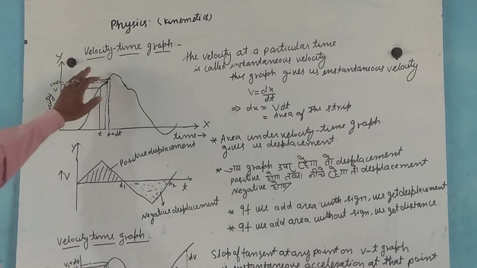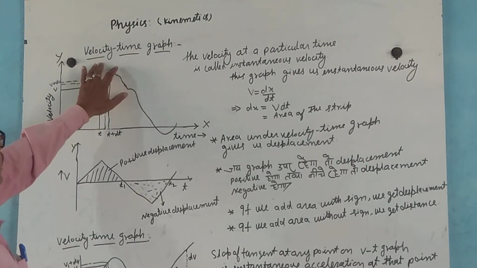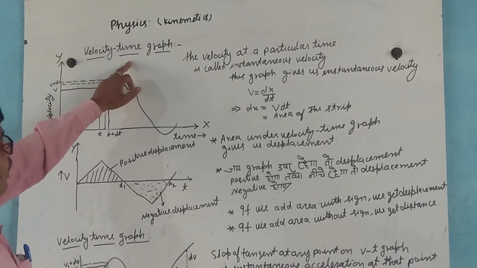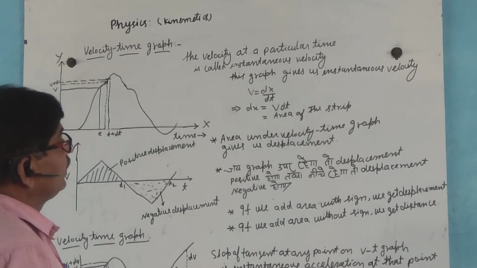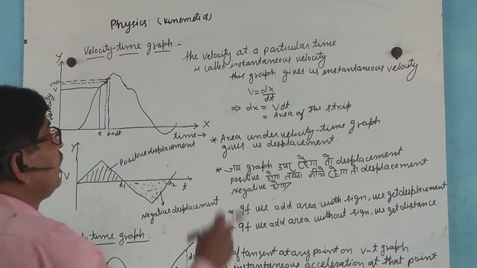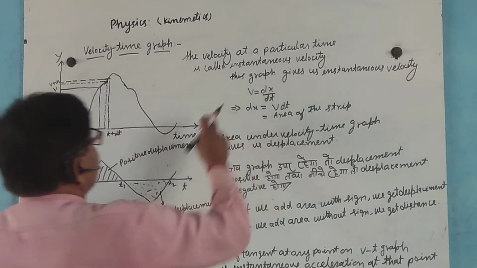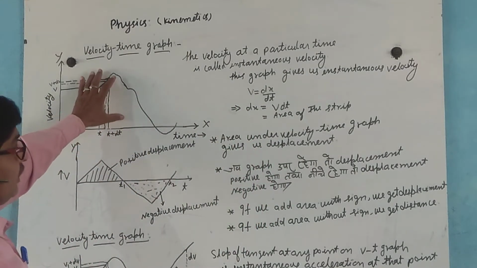Now the velocity time graph. In this case we take velocity on the y-axis and time on the x-axis. The velocity at a particular time is called instantaneous velocity. This graph gives us instantaneous velocity.